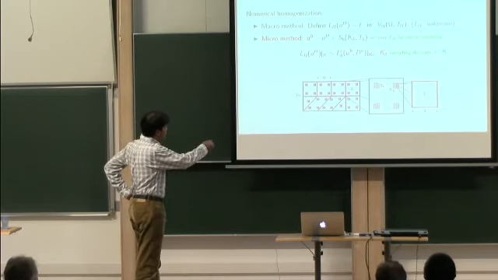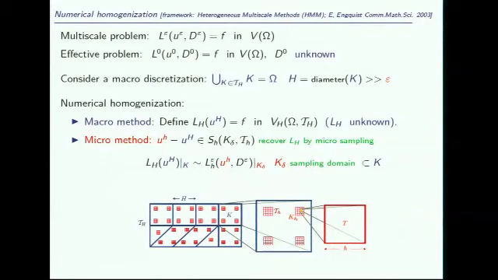And so we solve here a microscopic problem, and we'd like that somehow a proper average of the microscopic solution on the sampling domain gives us what we need, the average of the homogenized or macroscopic solution in the macroscopic elements, okay? That's the idea.